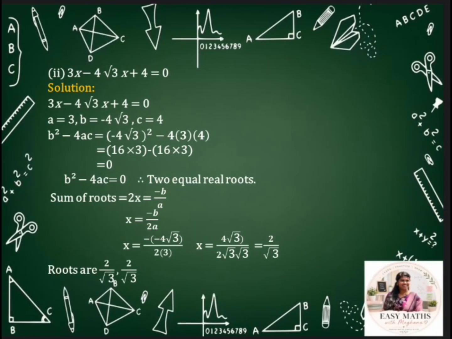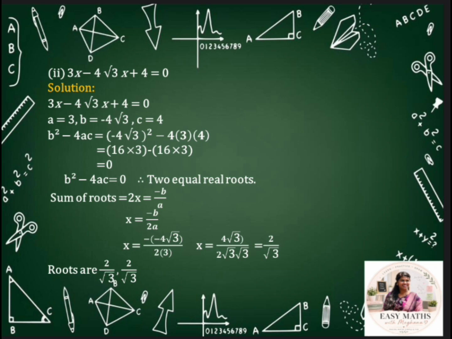Question number 2. 3x square minus 4 root 3 x plus 4 is equal to 0. Here the value of a is 3, the value of b is minus 4 root 3, the value of c is 4. Substitute in the expression b square minus 4ac. Then you will get the value as 0. If b square minus 4ac is equal to 0, I will get two equal roots.